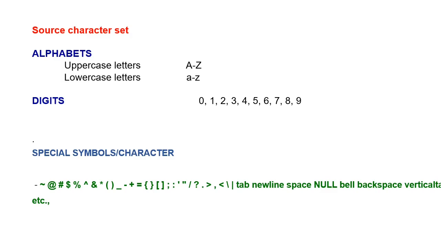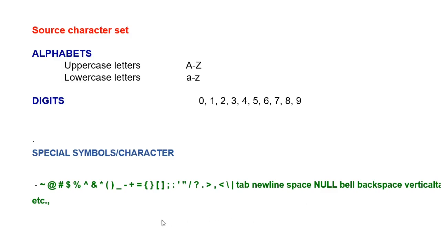Digits are nothing but 0 to 9, so total digits are 10: 0, 1, 2, 3, 4, 5, 6, 7, 8 and 9. And symbols: every script besides digits and alphabet consists of a number of symbols. For grammar in English we use symbols like question mark and full stop. In C language many symbols are used.